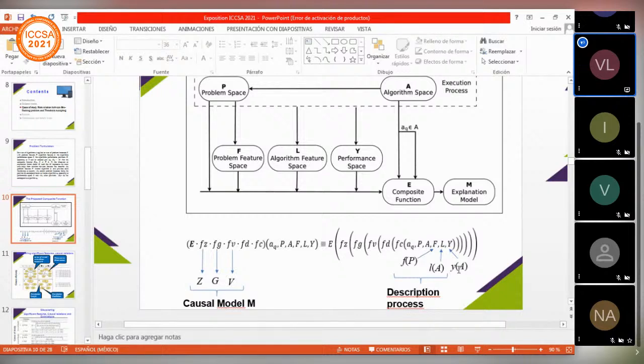The acquisition of latent knowledge obtained from this composite function about the experimental relation between problem and algorithm is formalized by means of these parameters and this iterative process.